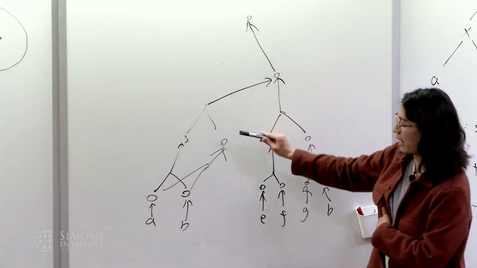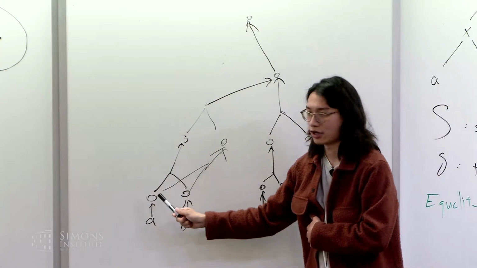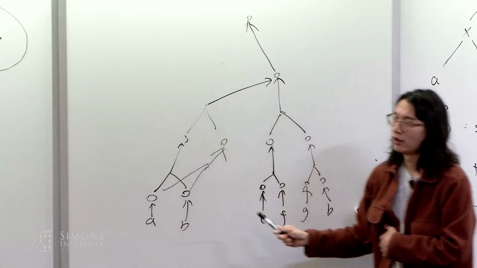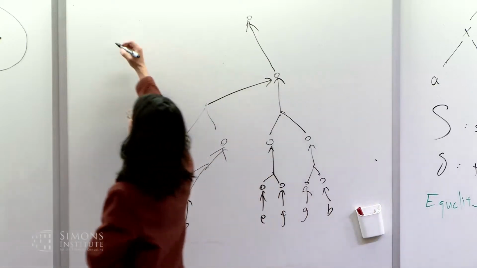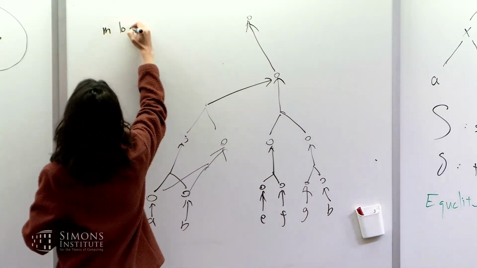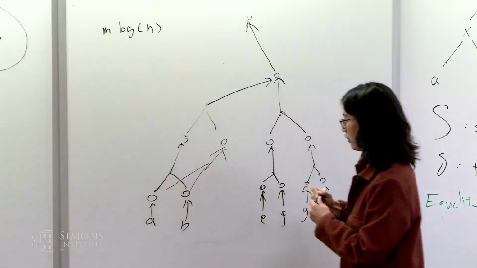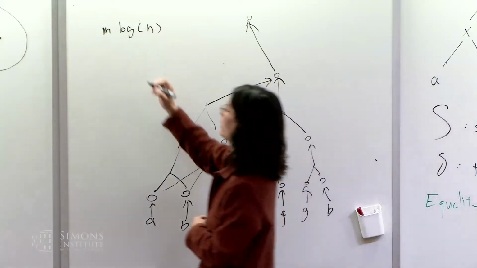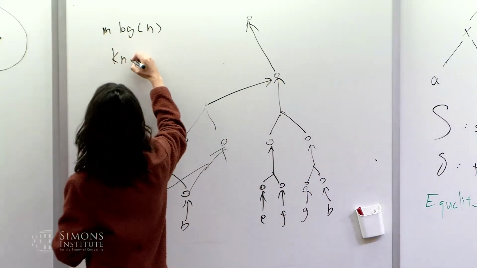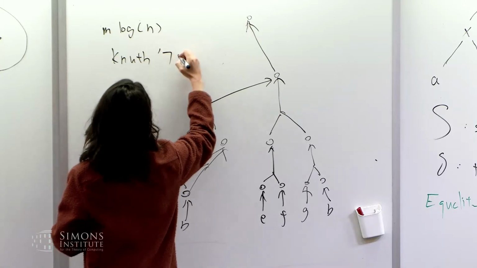So if we take a left path and then we double count the cost of each occurrence of A and each occurrence of B, there is actually an m log n algorithm to do this extraction process to find a certain path. And then this is actually described by Knuth in '73, I think.